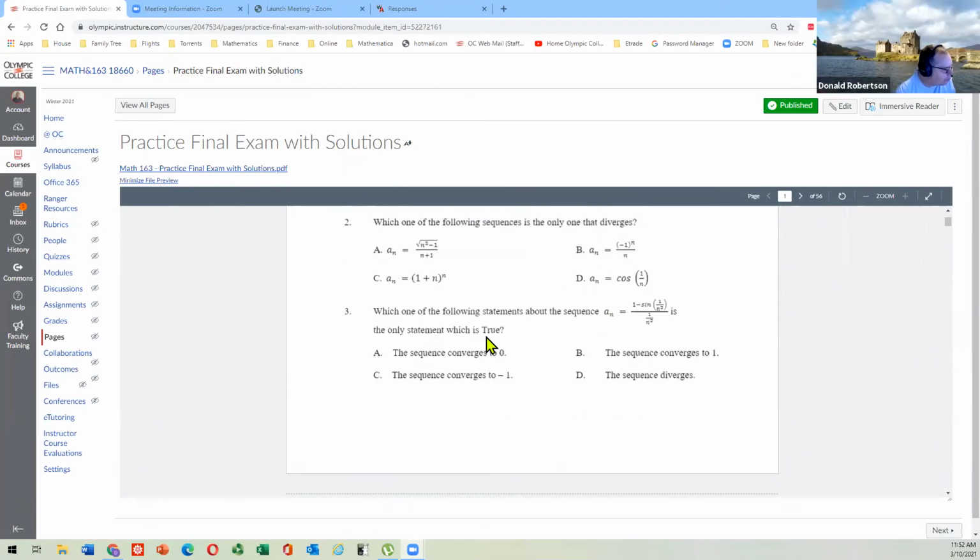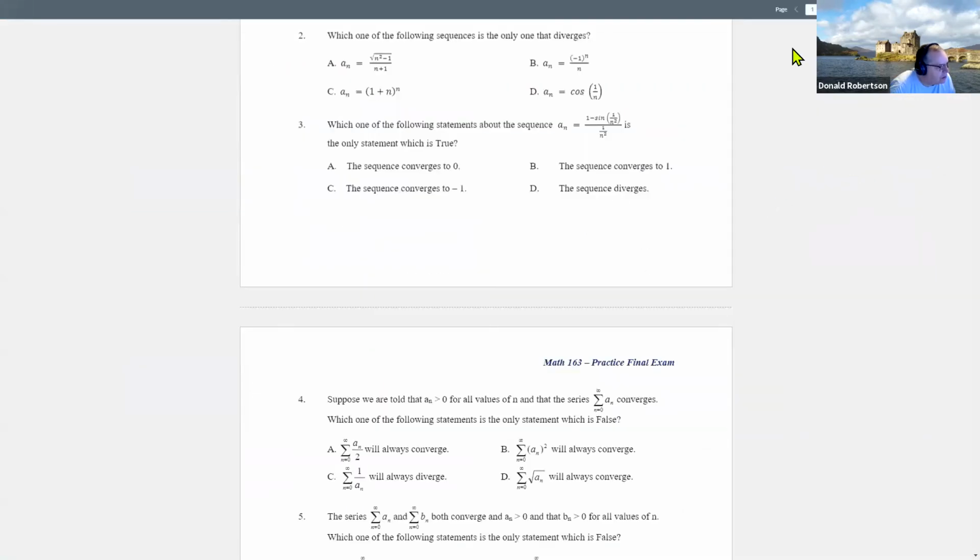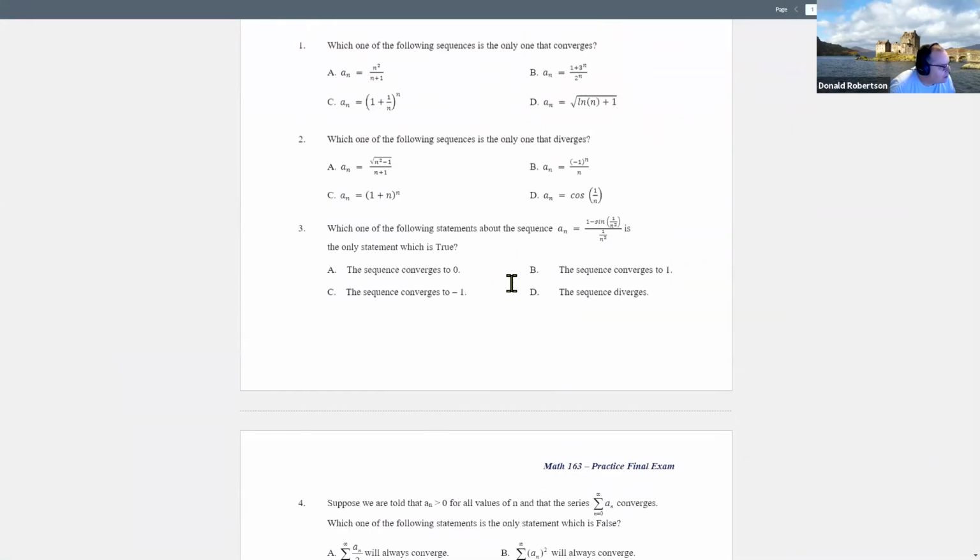Which one of the following statements about this sequence here? So only one of these statements is true. Right, you see this guy here? Can you trust me that you can do L'Hopital on it?